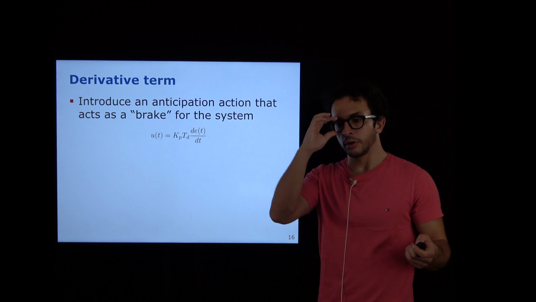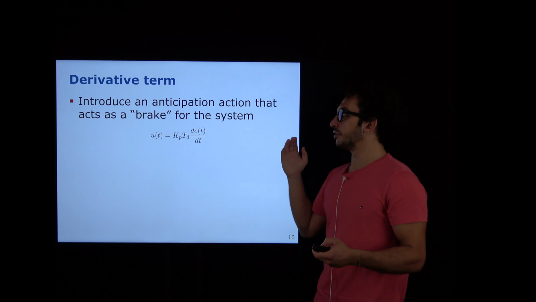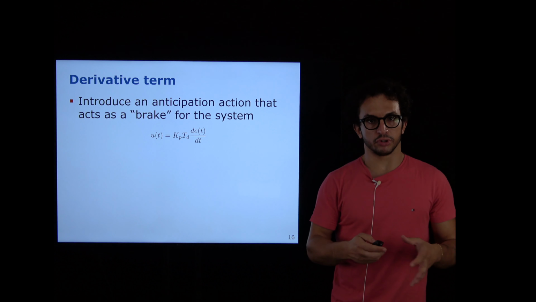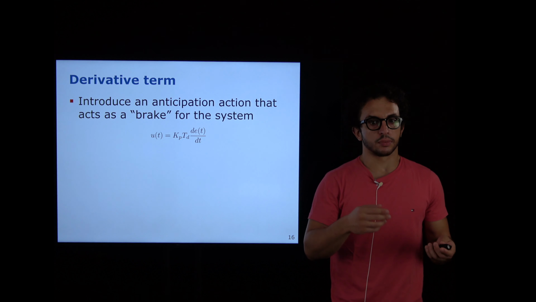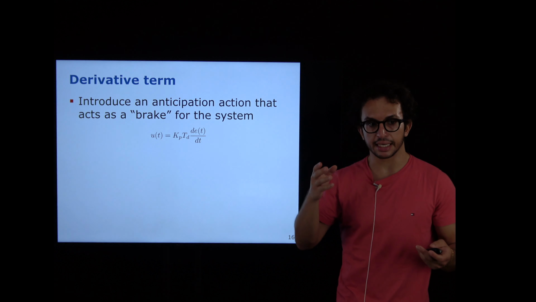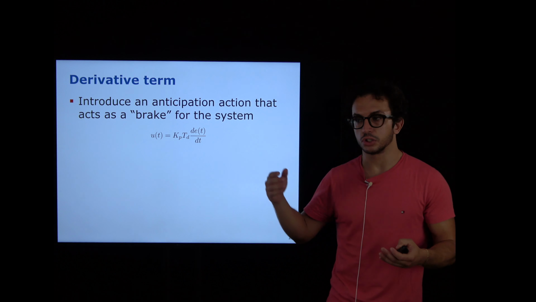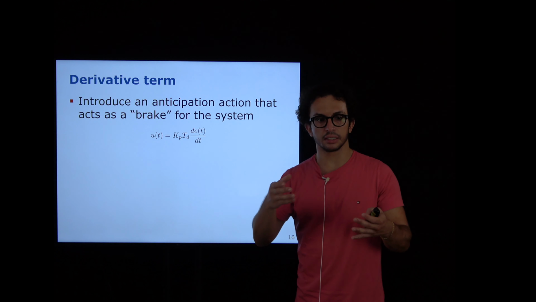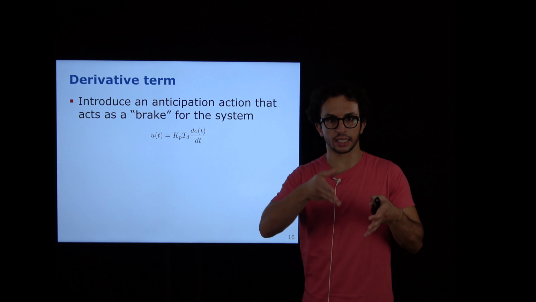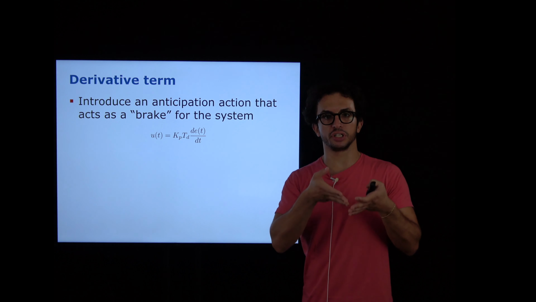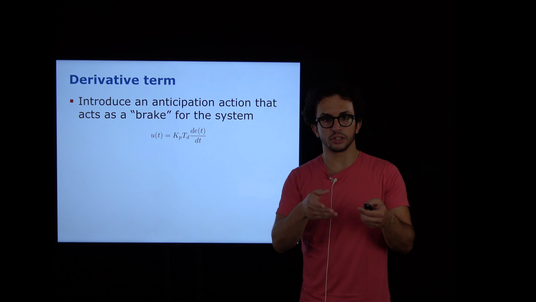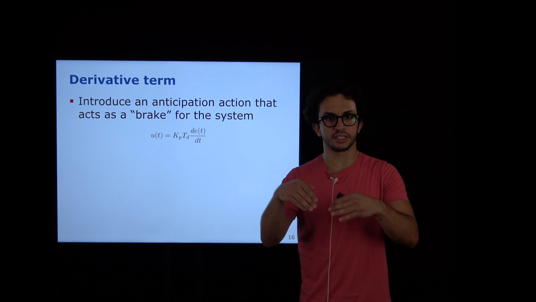What does it do? The good thing about the derivative term is that it works as a brake for the system. Basically, it's an anticipation term, because the derivative tells you how the error is going, what the behavior, the evolution of the error is. It looks like the gradient of it, and looking at the gradient, you know in which direction it's evolving.